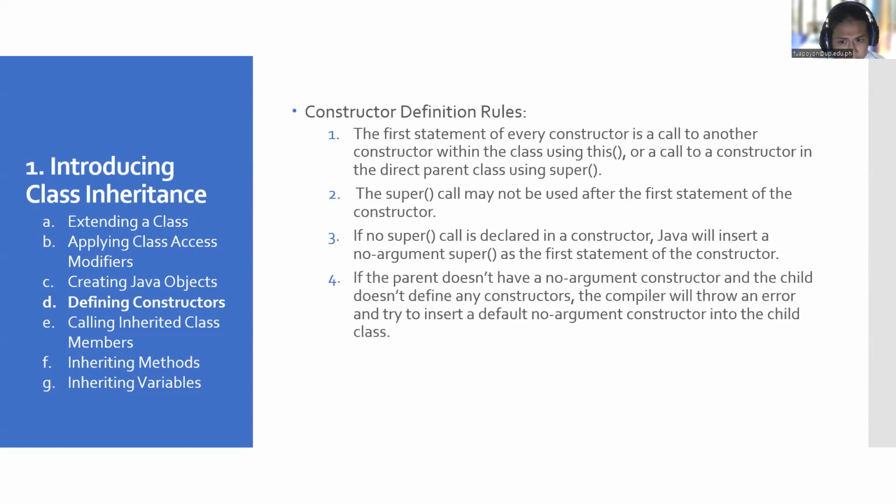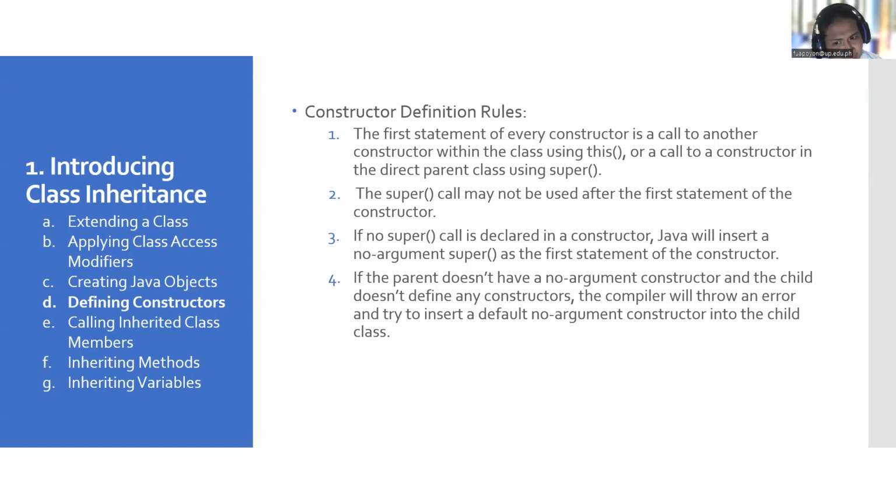However, if the parent does not have a no argument constructor, meaning all your constructors from the parent class require parameters, and the child does not define any constructors, the compiler will throw an error and try to insert a default no argument constructor into the child class.